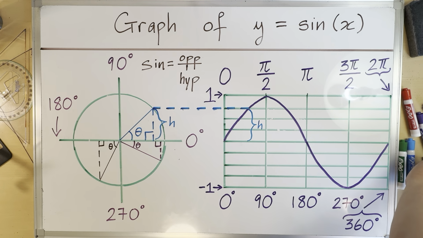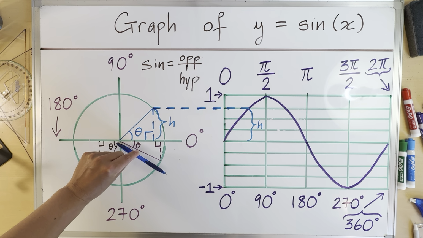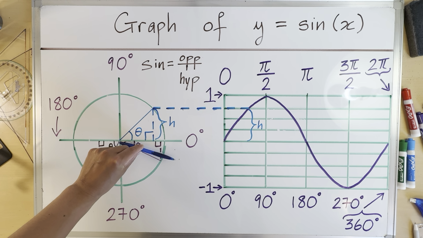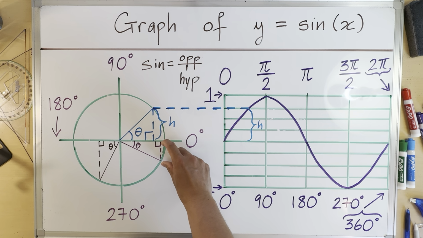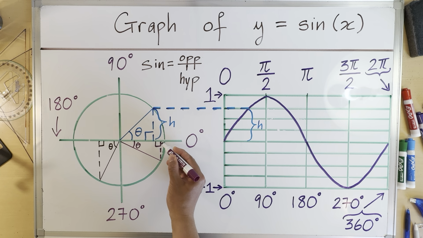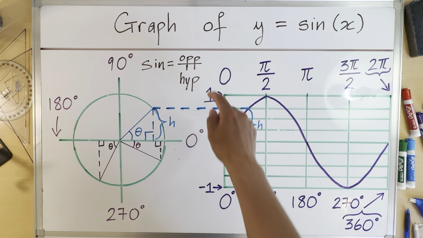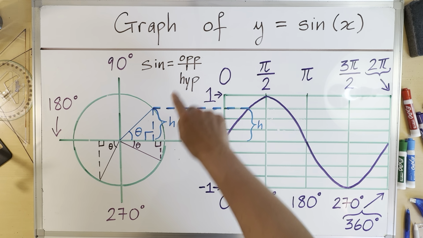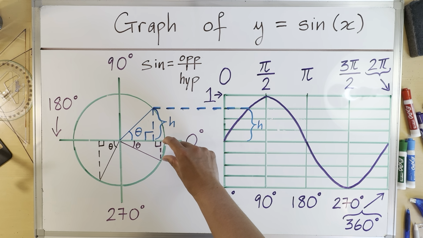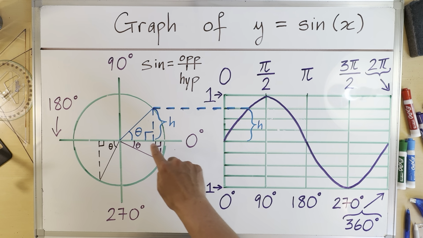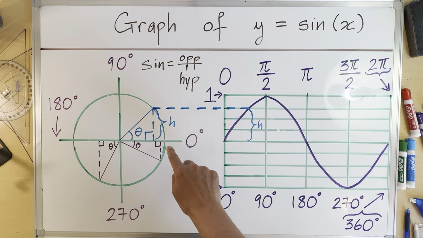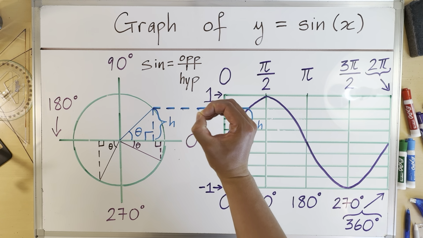And as you can see, as the rotating arm approaches the horizontal x-axis, this side of the right-angled triangle from this point to this point, which is opposite of angle theta, gets smaller and smaller. And as it touches the horizontal x-axis, it becomes exactly 0.